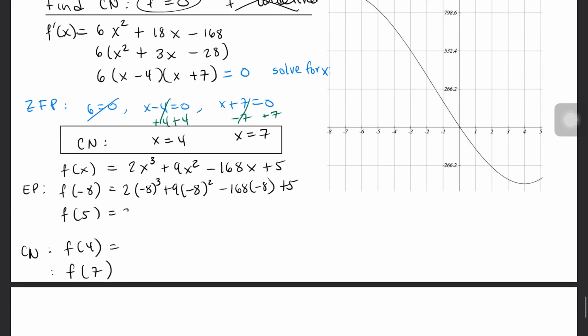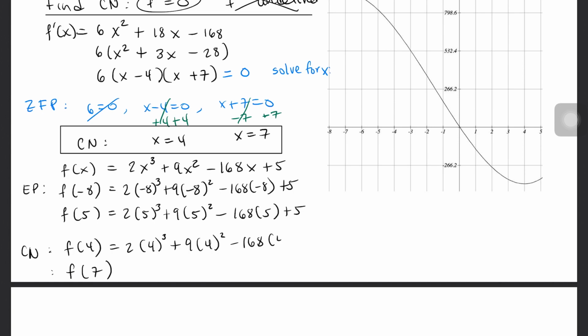Do the same thing for the next one, now replace it with 5. Now plug in 4. You can use the calculator to put in these numbers.